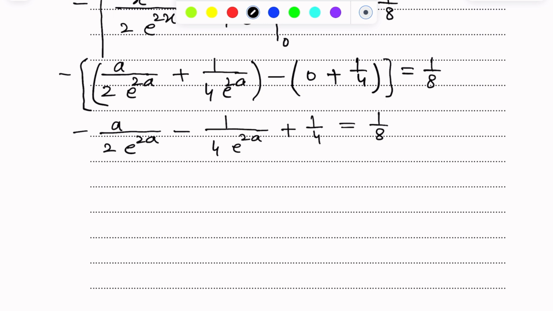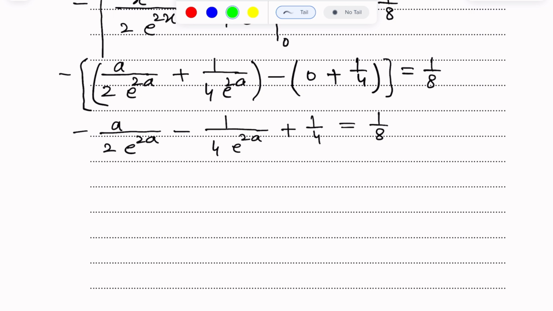Now this 1 over 4 moves to the right side.